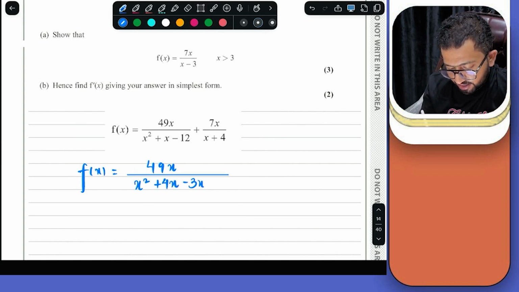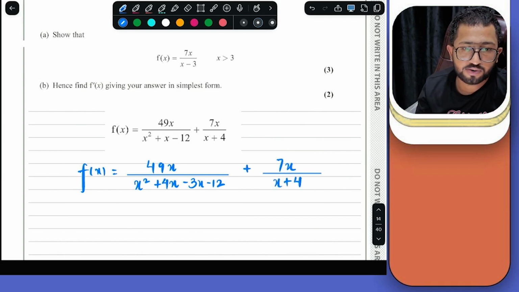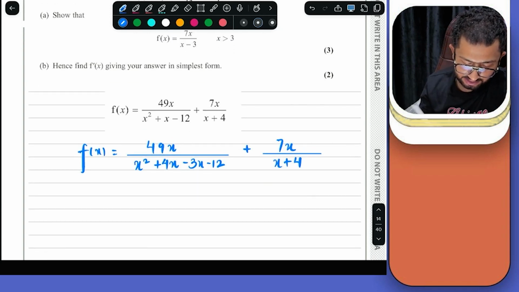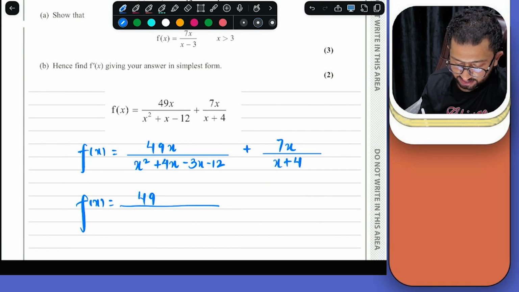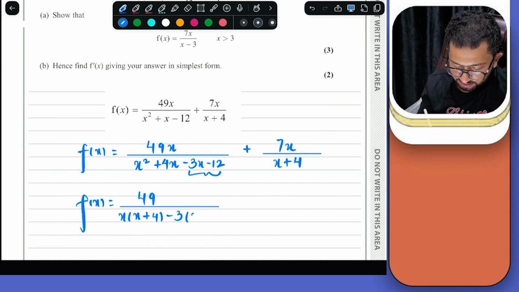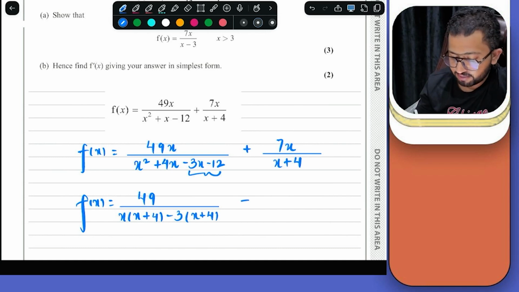4x minus 3x minus 12 over x plus 4. Do not try to take LCM. Please remember, I already told you in the first chapter. That is the advanced part to memorize actually. Now what can I do? x into x plus 4 and then take minus 3 common, then it will remain x plus 4 inside the brackets.